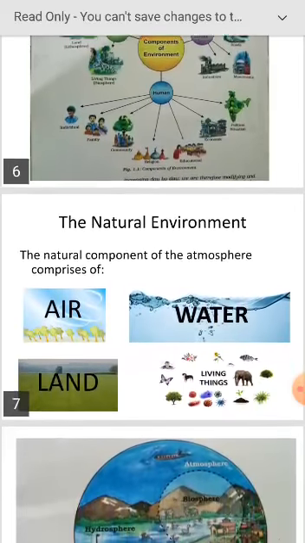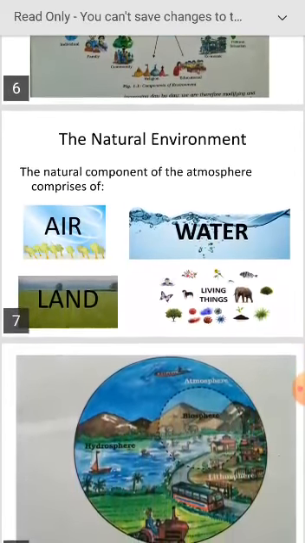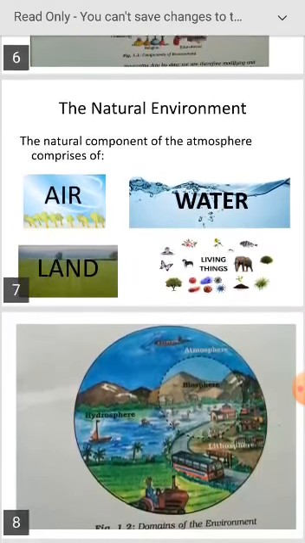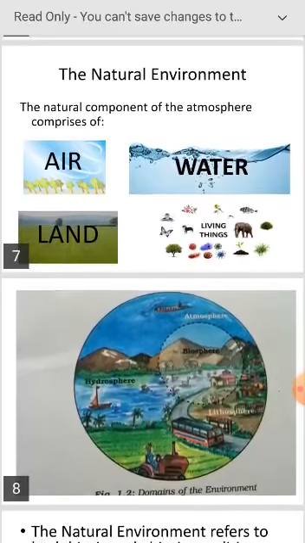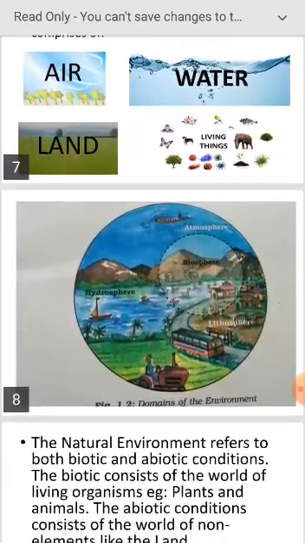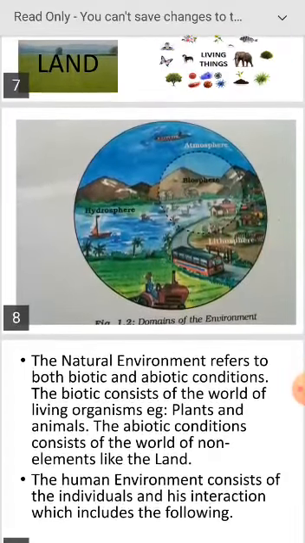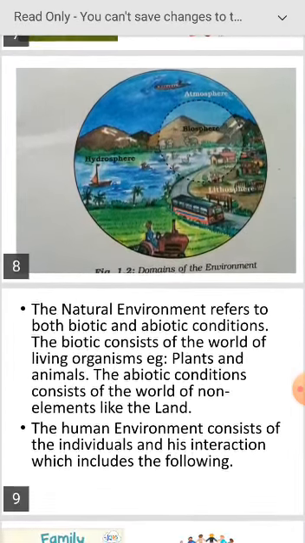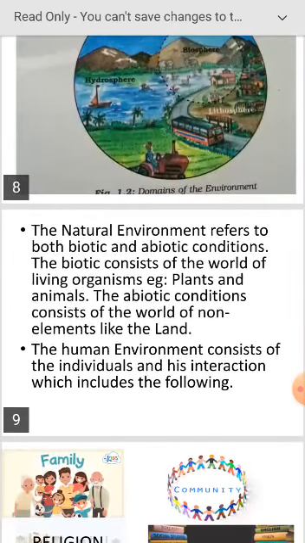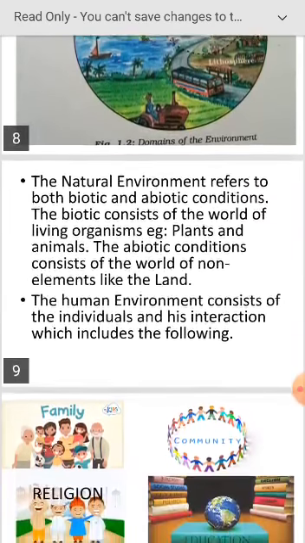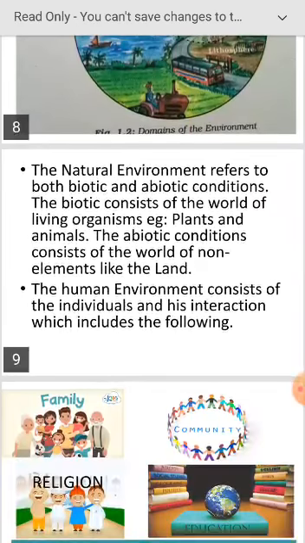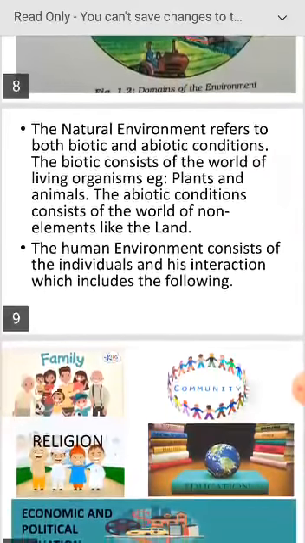Let us study about the natural environment. The natural components of the environment comprise air, water, land, and living things. Now this is the slide which explains the domains of the environment. The natural environment refers to both biotic and abiotic conditions.